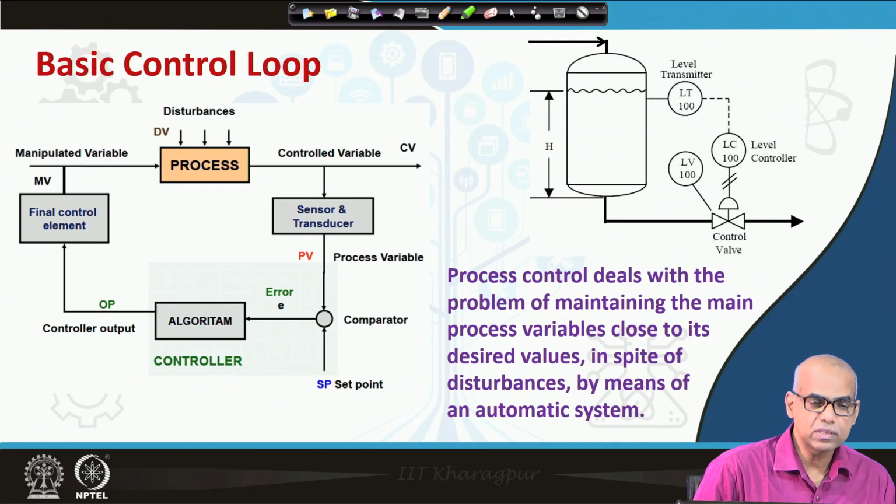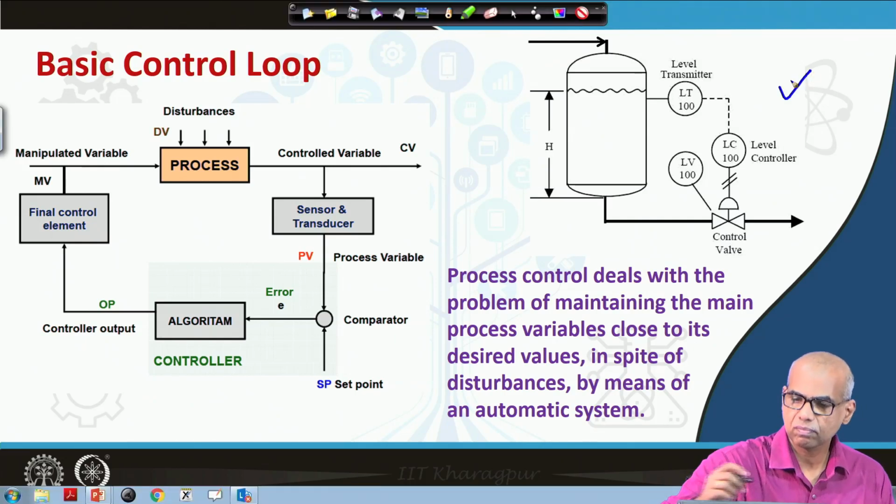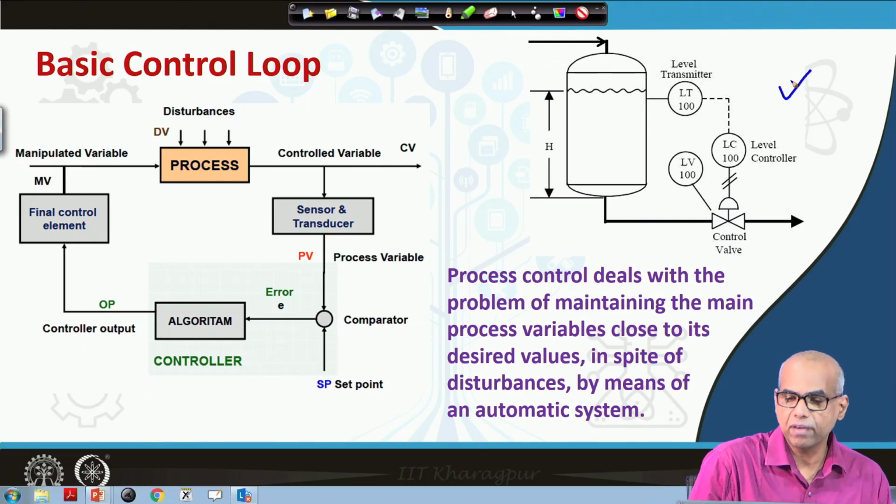Now, let us start our discussion with the process control loop. A very basic control loop is shown here, which you can quickly identify as nothing but level control of the tank shown.